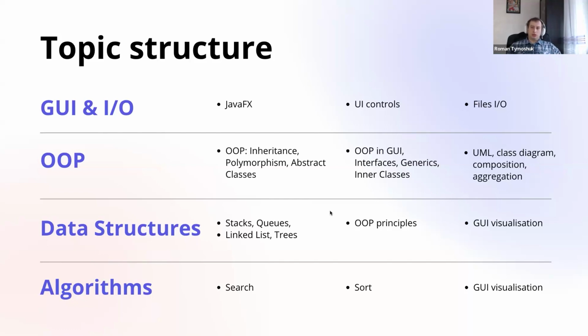The second important part is object-oriented programming, like inheritance, polymorphism, abstract classes, and encapsulation. Why is it connected to the GUI? Because object-oriented programming is also connected with elements you work with in graphical user interfaces, like generics, inner classes, interfaces and so on.